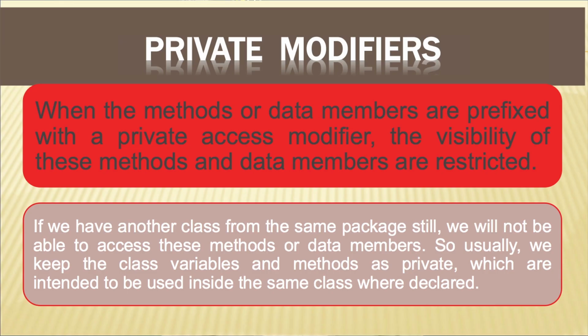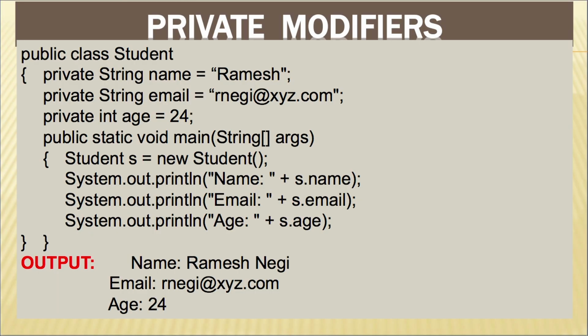Now see the example of this private modifier. Here we have mentioned public class student. Inside the student class we have variables: a name variable and an email variable.